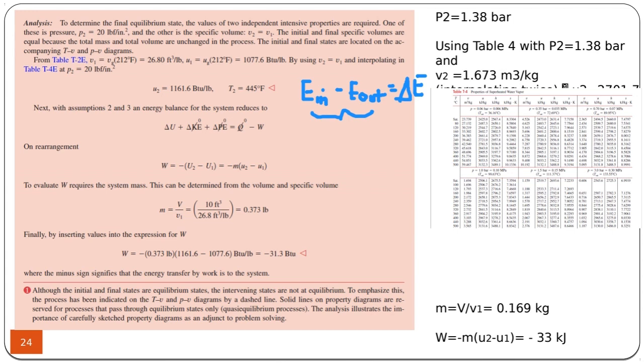For a closed system, the net energy incoming and outgoing is the net Q minus net work, and the system energy is the summation of internal energy plus kinetic energy plus potential energy.